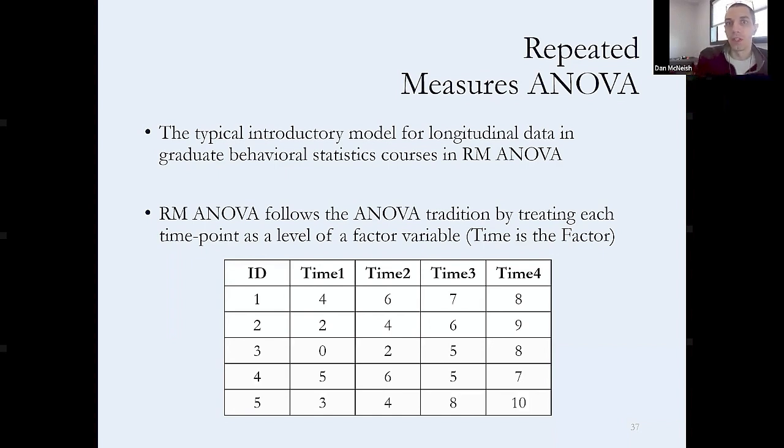Repeated measures ANOVA just kind of squints a little bit and says, well, I can look at time as a factor and say my different levels of time are 1, 2, 3, and 4, the different repeated measures that I collected from my participants. So repeated measures ANOVA is just a standard ANOVA with time as the factor variable in which you are interested.